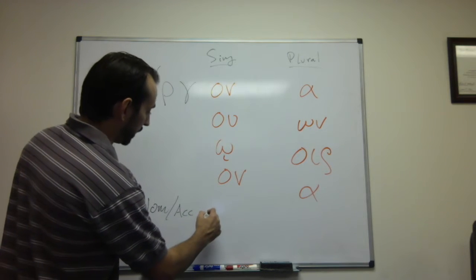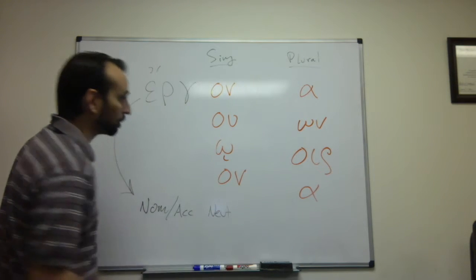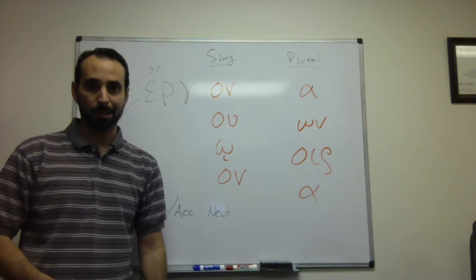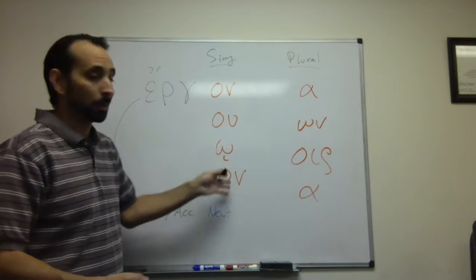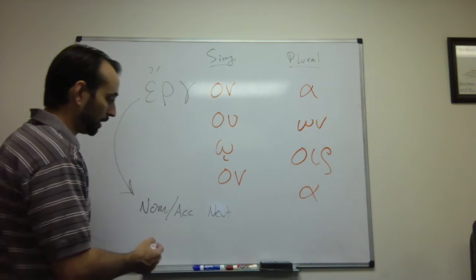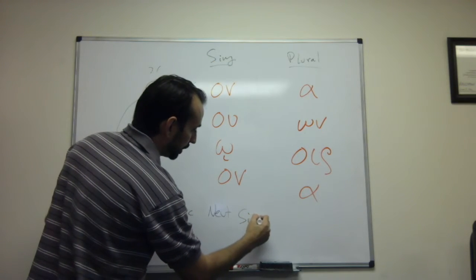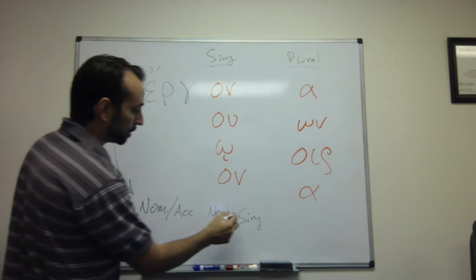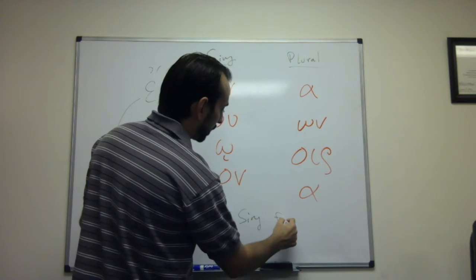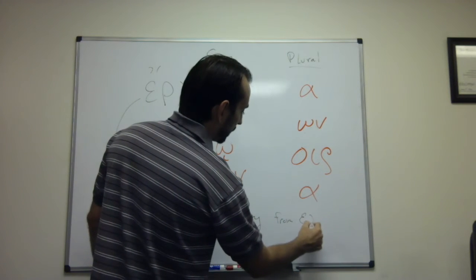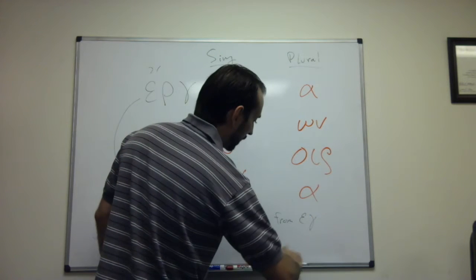I would say it is neuter. You go, how do I know it's neuter? Because I know this is the neuter ending pattern. Everyone that has this is going to be neuter. And I know it is the singular ending. So it's nominative, accusative, neuter, singular, and it comes from the lexical form, which is ergon.